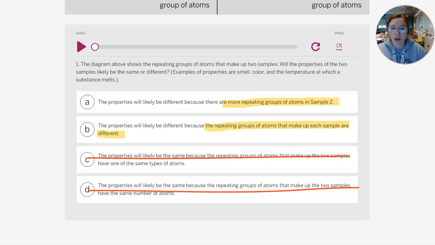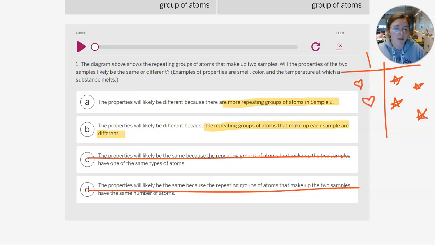Now what A is saying is that if I have my sample 1 and 2, there are multiple groups of repeating atoms. So if my stars were molecules, it says that number 2 has 4 molecules, while number 1, I'll make them hearts. Oh, these are really bad hearts.